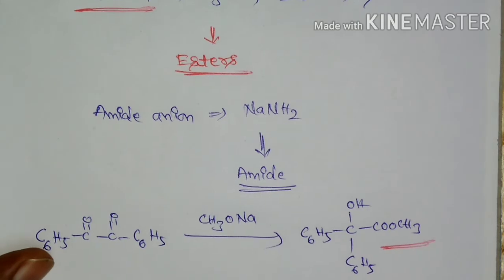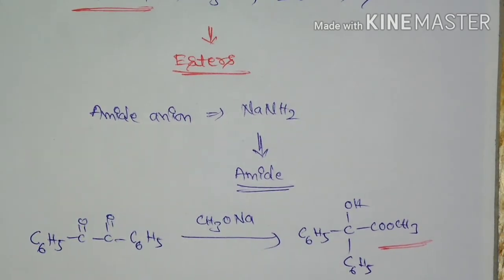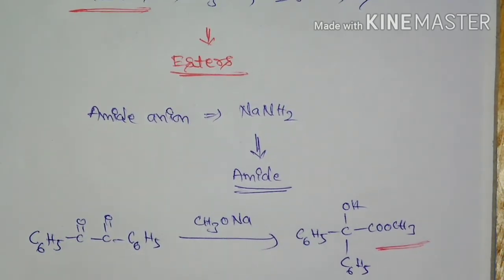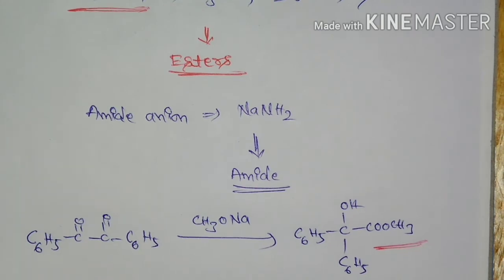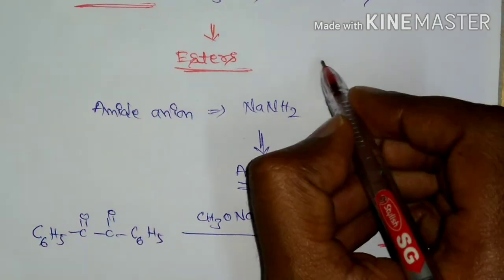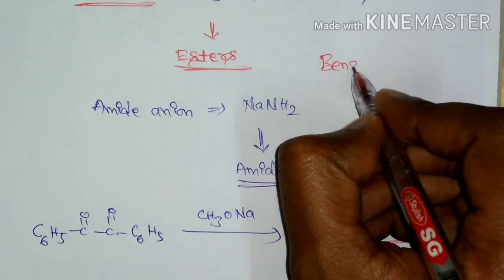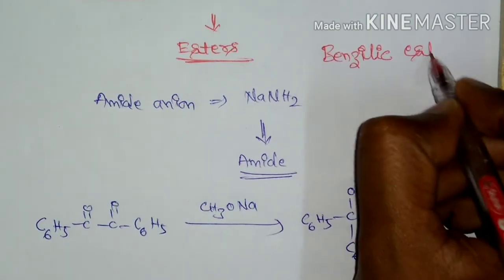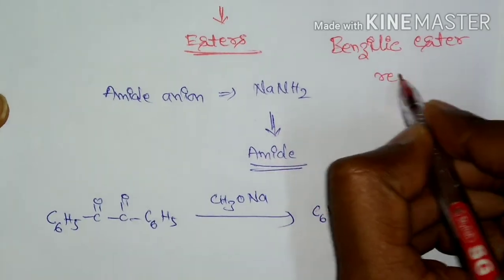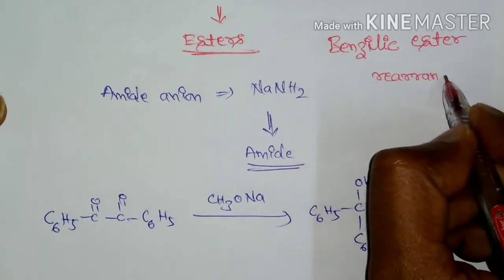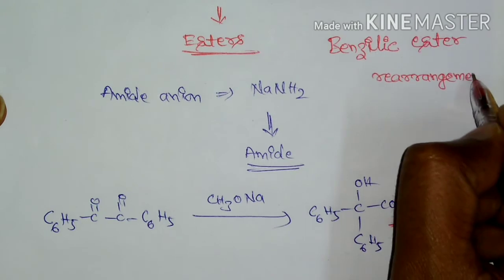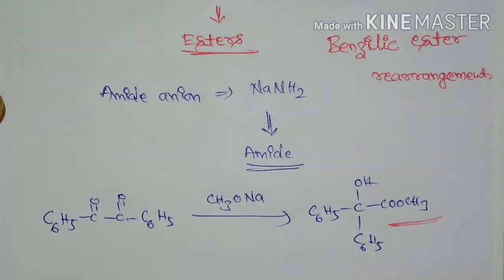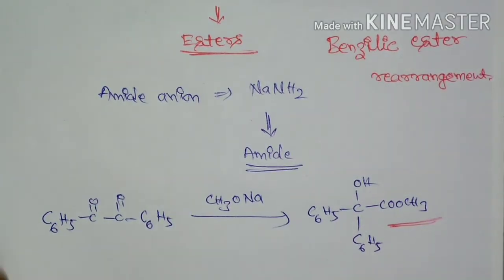Similarly, if I use sodamide, I am going to get the amide derivative, and this rearrangement is called the benzylic ester rearrangement. Okay, so this is one of the important ones, but it is not widely used.